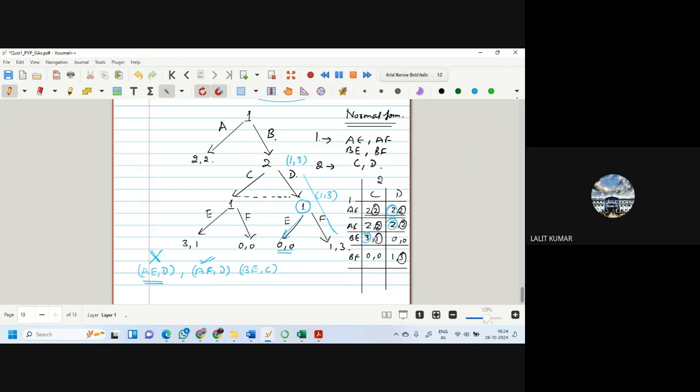BEC 3 1, he will play, so 3 1 goes here. Now A will play what? He will play B. So BEC is also a Nash equilibrium, and this one we have eliminated.